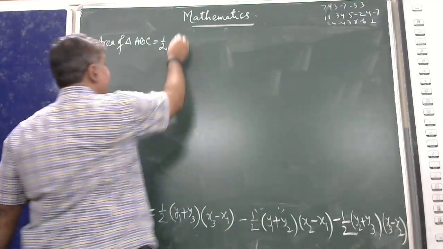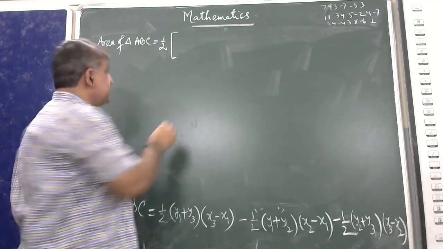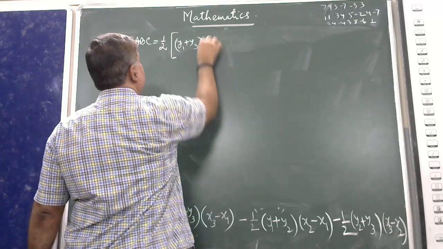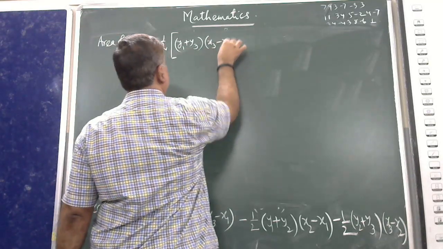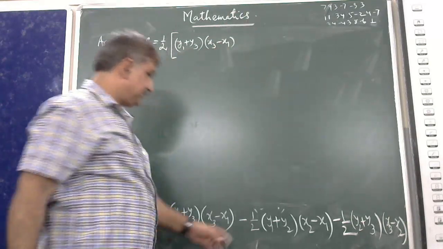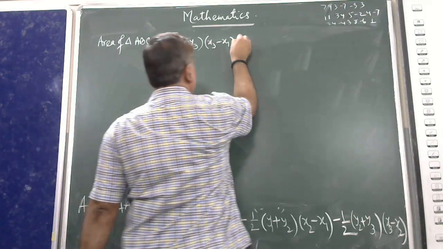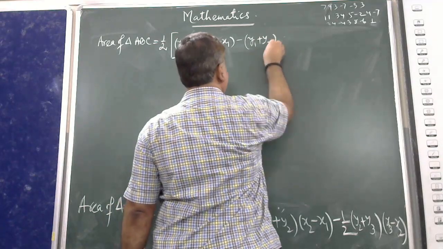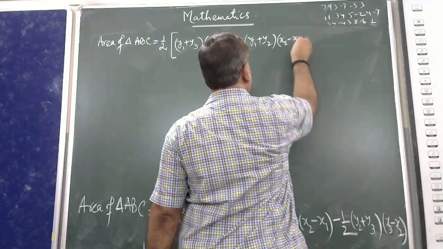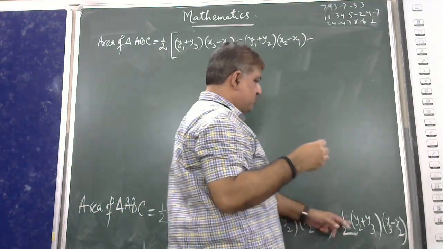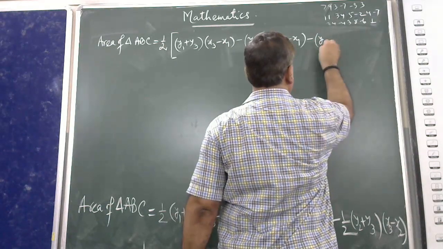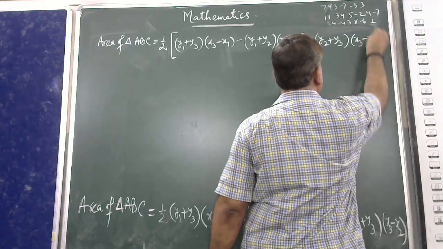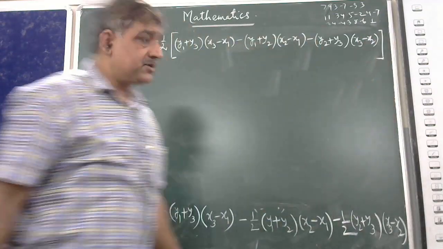Now what happens in the bracket? In the bracket, the first part is y1 plus y3 into x3 minus x1, then minus y1 plus y2 into x2 minus x1, then minus y2 plus y3 into x3 minus x2. This you will get in the bracket.